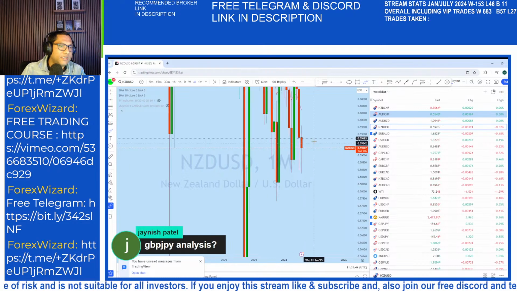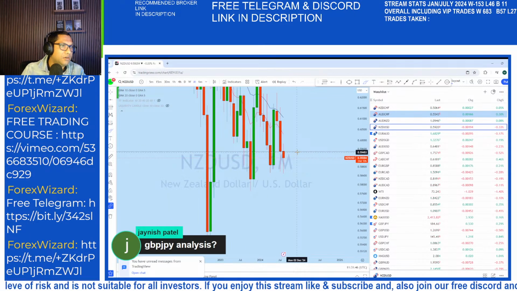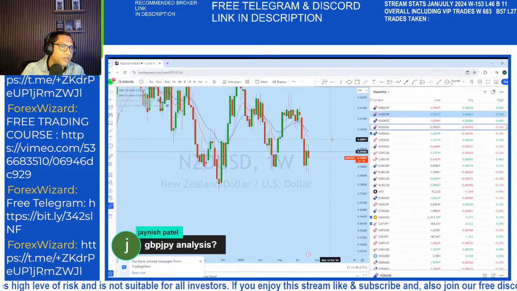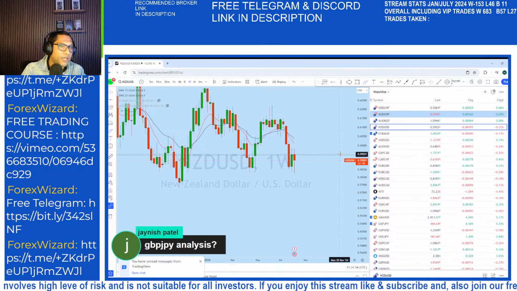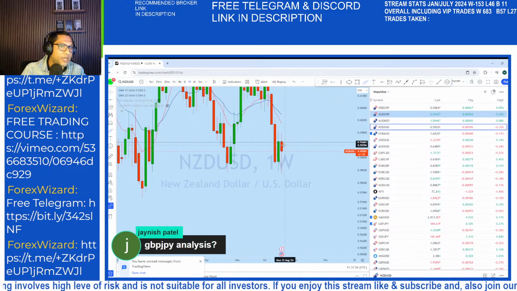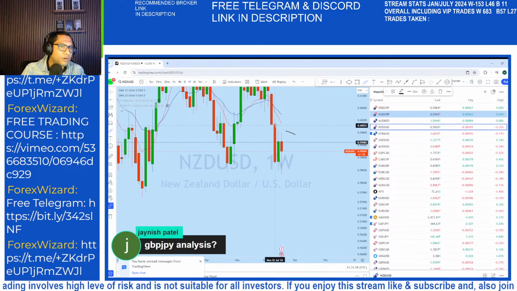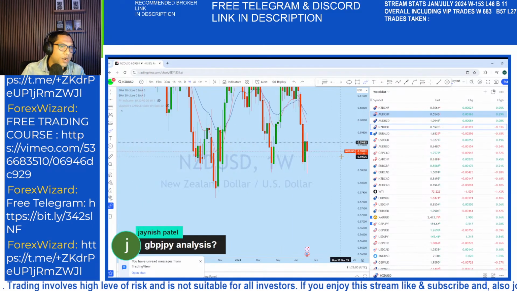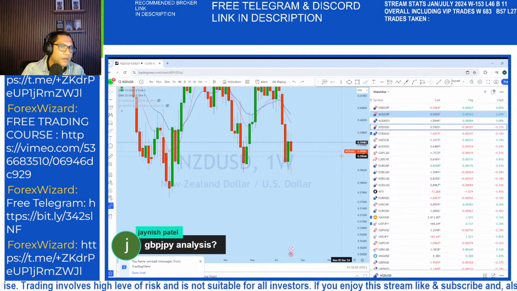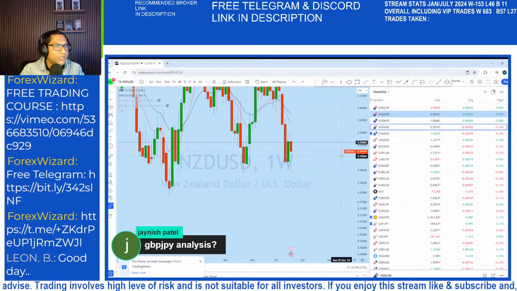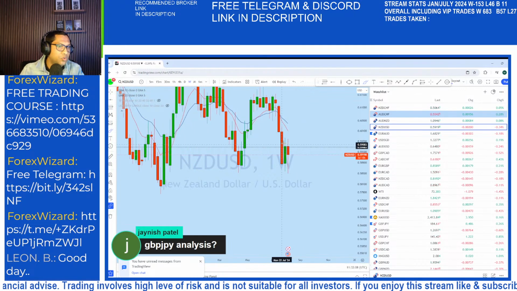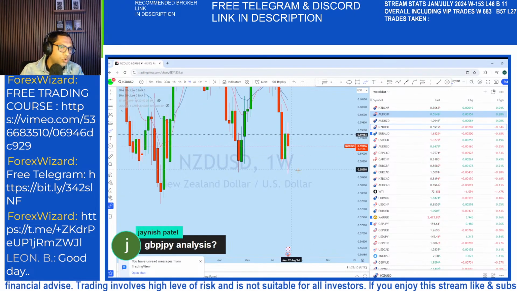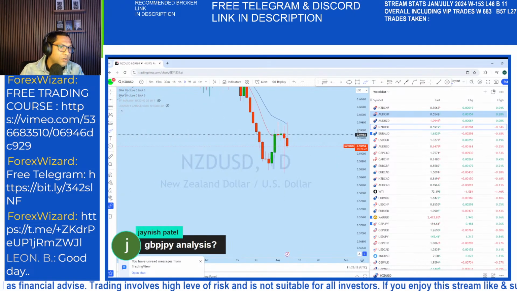Looking at the weekly chart, this is the weekly price action forming a series of lower highs, and with this we expect NZD/USD to retest and then drop back down.